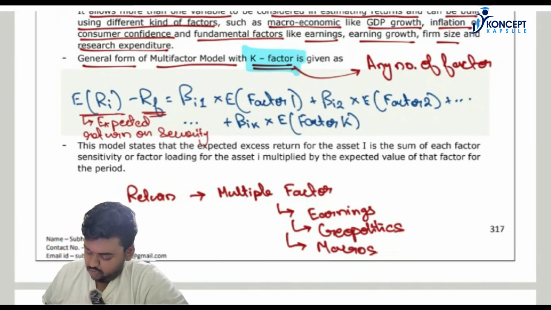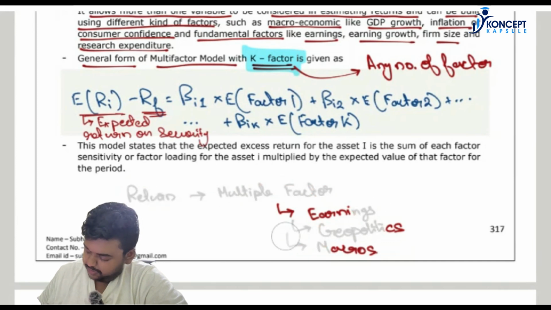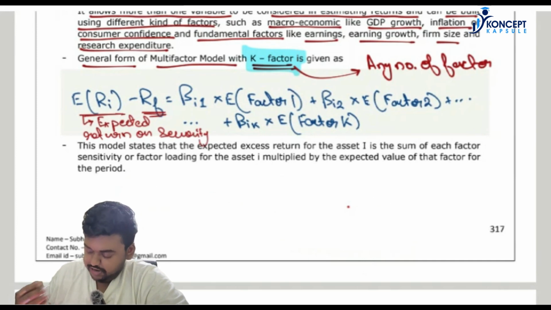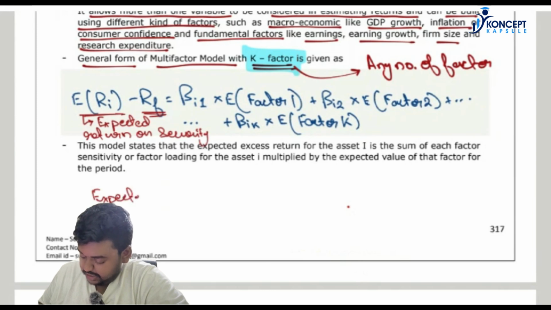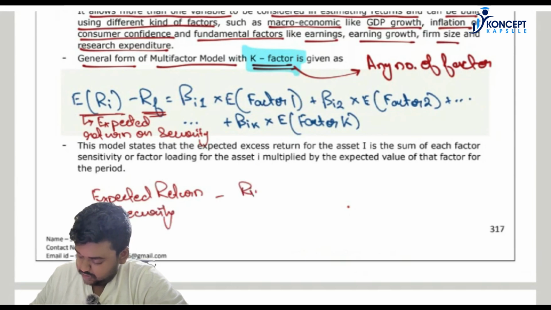So, what do we get when we are writing a term like expected return on security minus risk-free return?